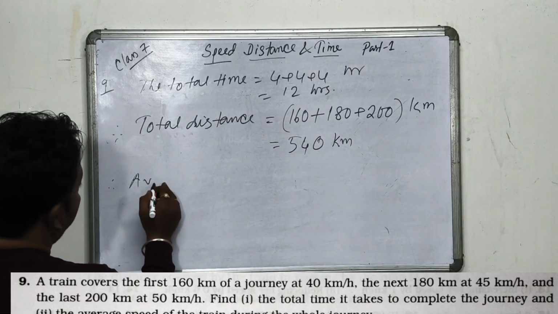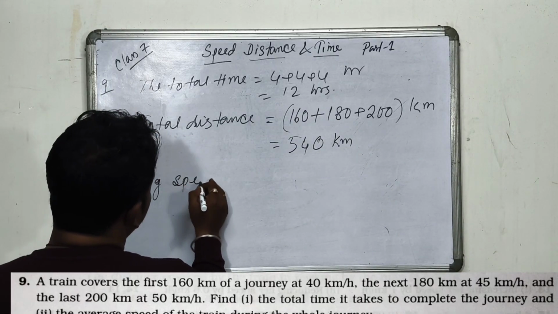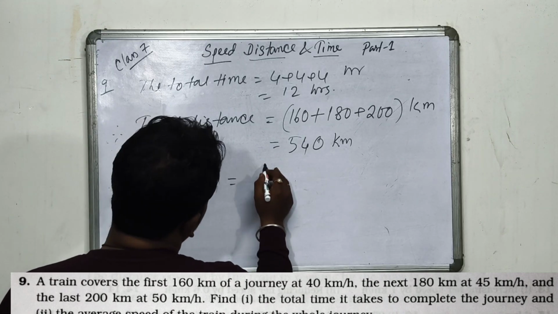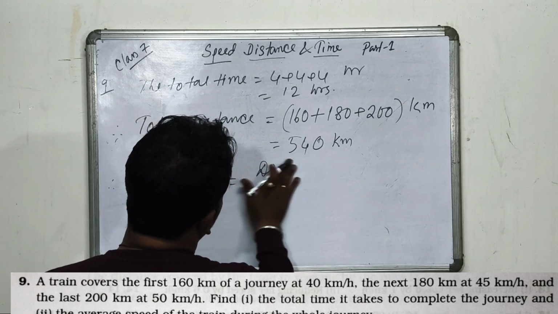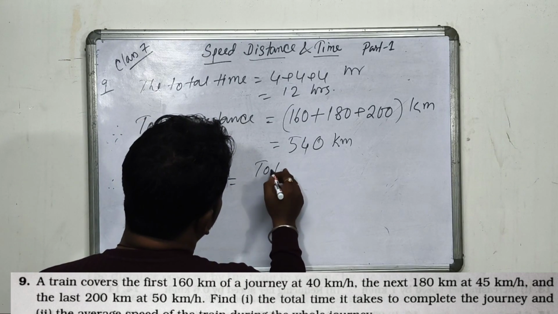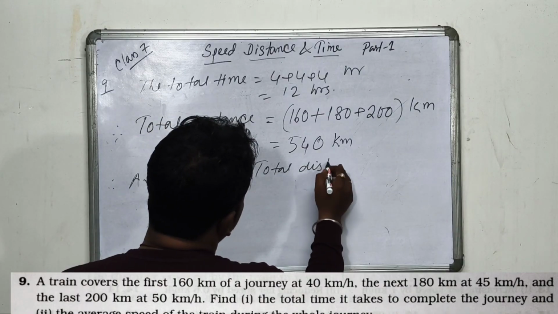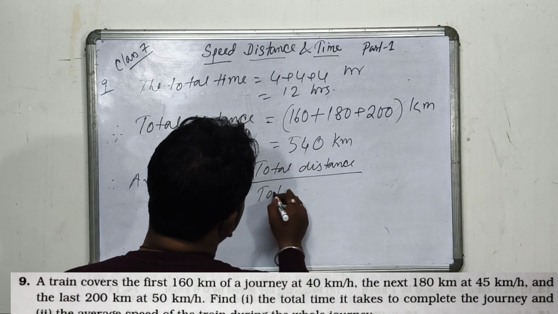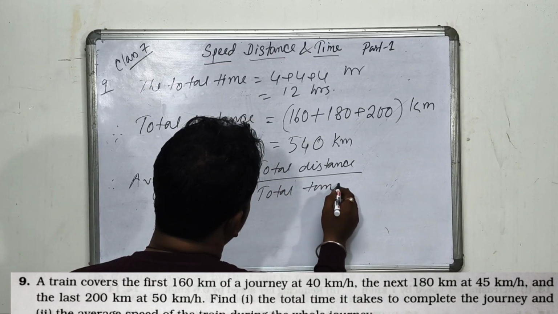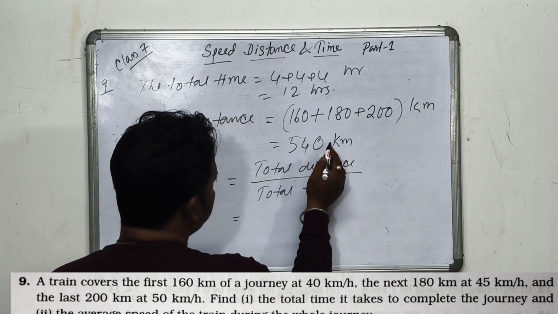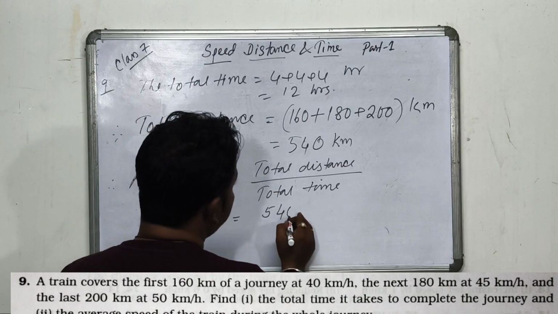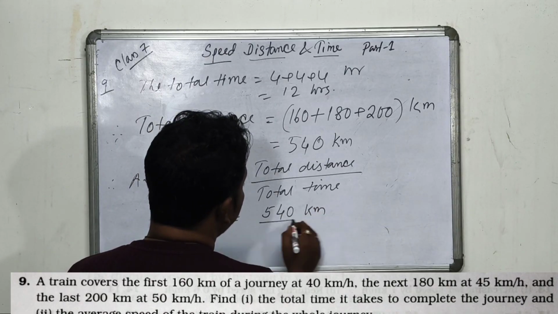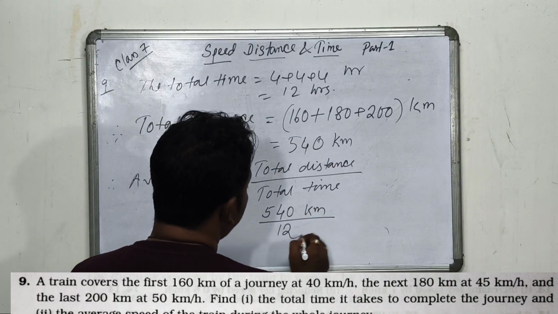Therefore, average speed is equal to total distance by total time. That is, total distance is 540 kilometers and total time is 12 hours.